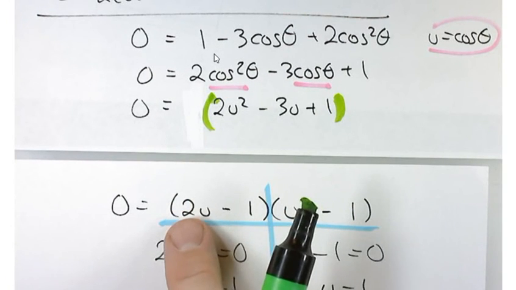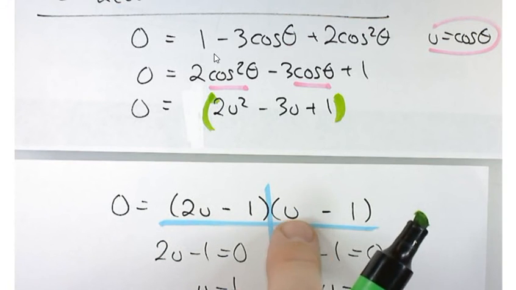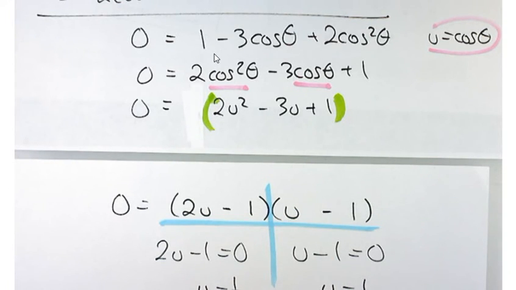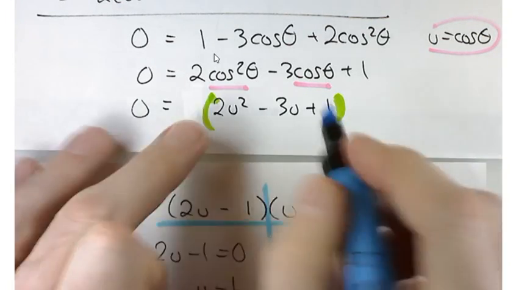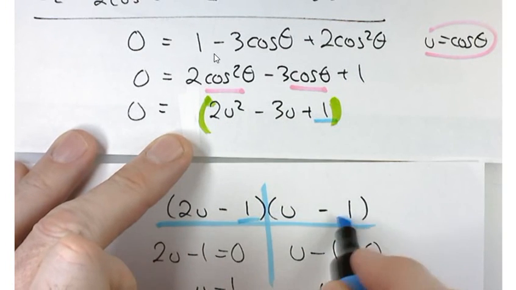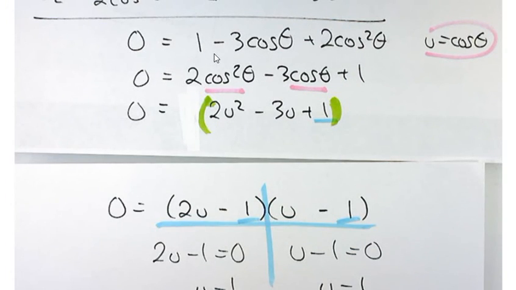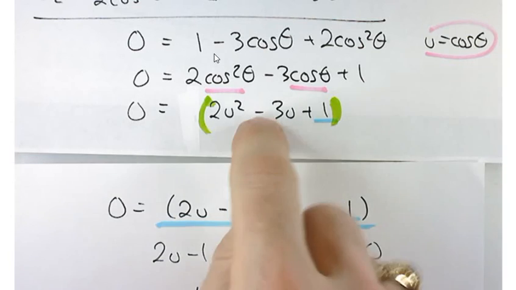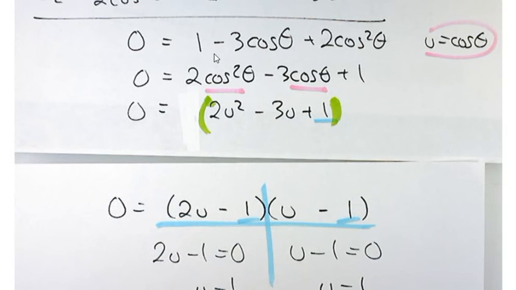Well, there's not much choice there, 2u and u. The last terms have to multiply together to give me a 1. And again, there's not much choice. 1 and 1, or negative 1 and negative 1. And because of the sign of that middle term, we use the negatives. All right, good question. Anything else on this one? Okay, cool.